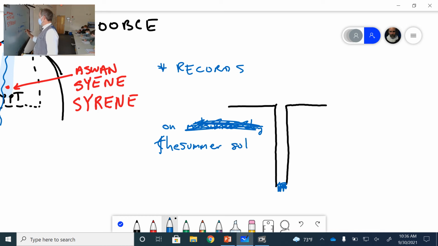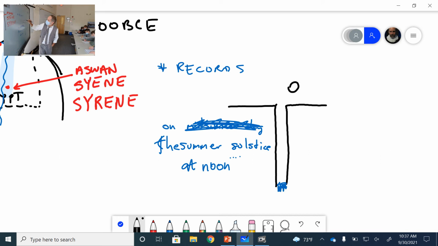On the summer solstice, if you went to the well and you looked down at noon, you'll see a reflection of the sun right down there for not very long. And that tells us something really important.